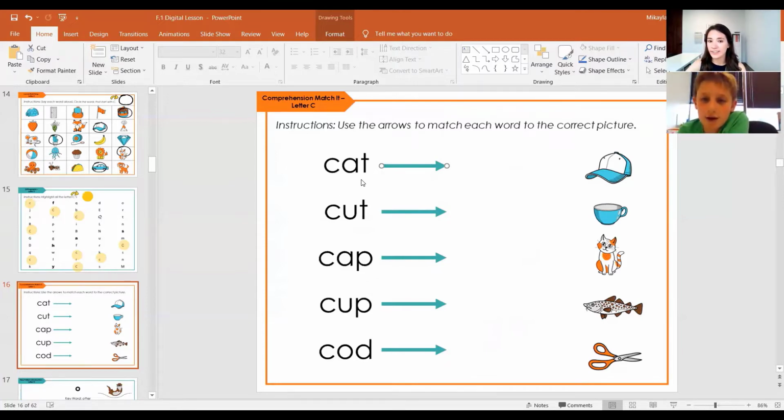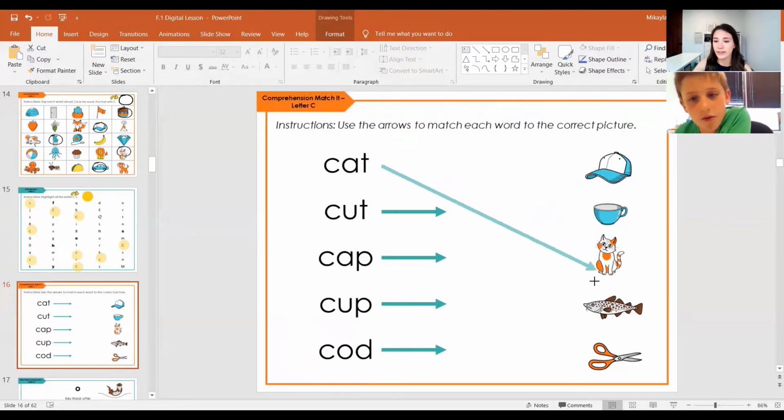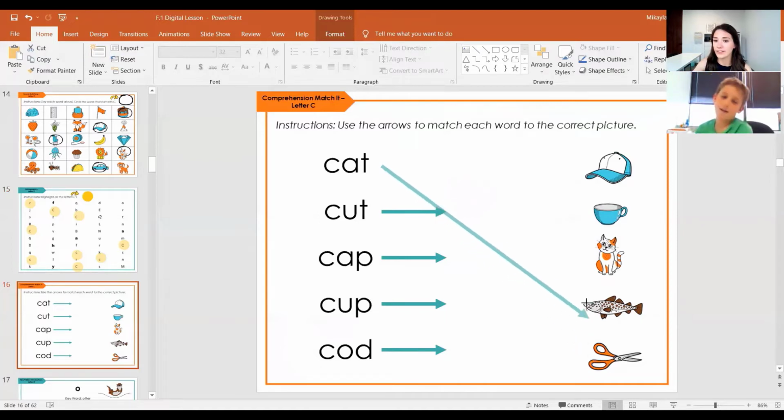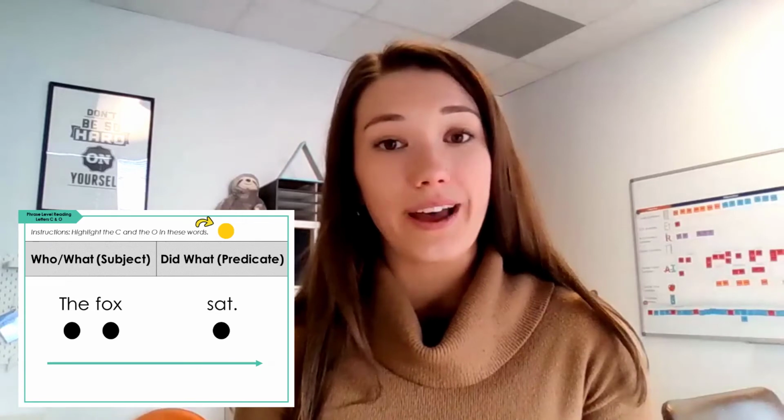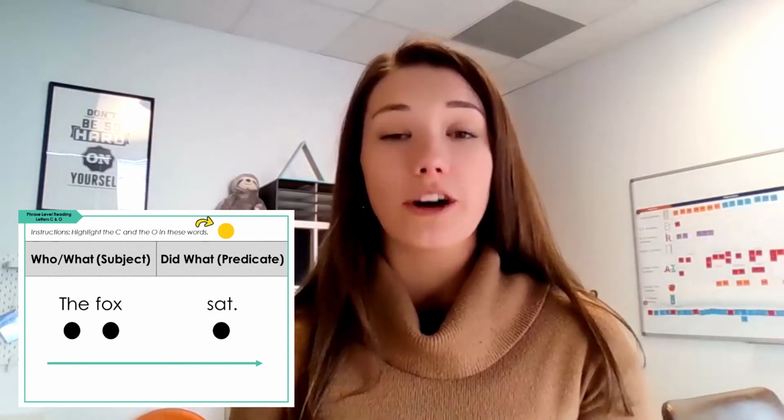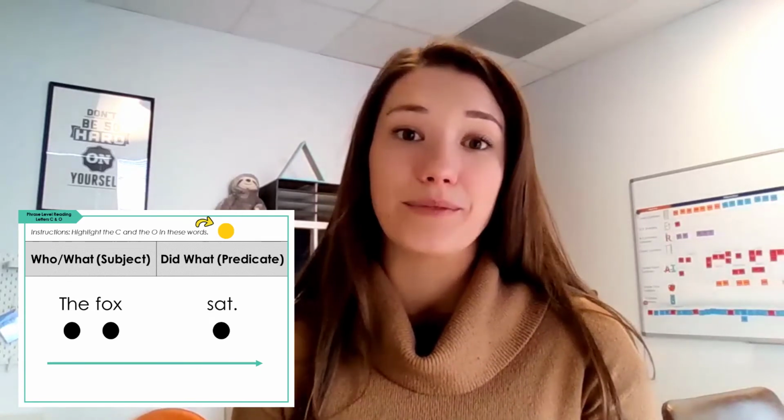Right there. Click on the arrow, and you tell me, is it 1, 2, 3, 4, or 5? 3. Something else you can do is making sure students are able to understand the difference between the subject and predicate. We'll call it the who or what and did what in a sentence, so that they're starting to see how those sentence pieces come together.